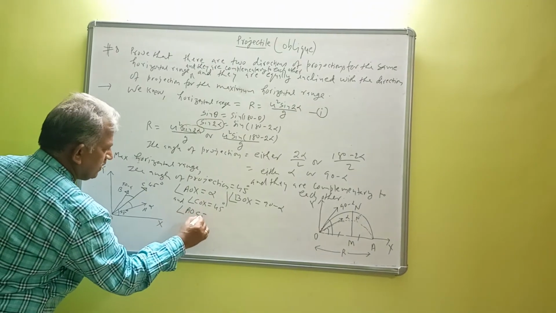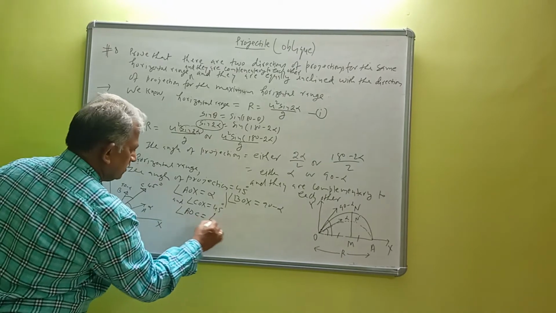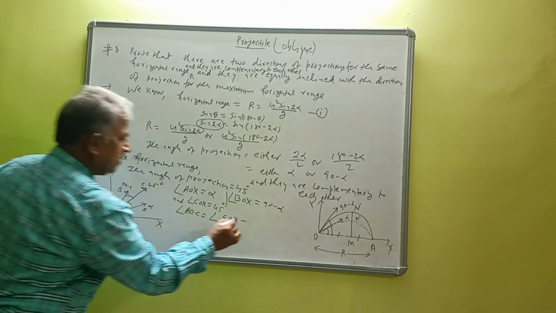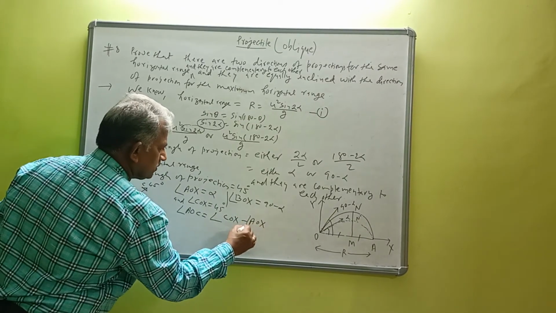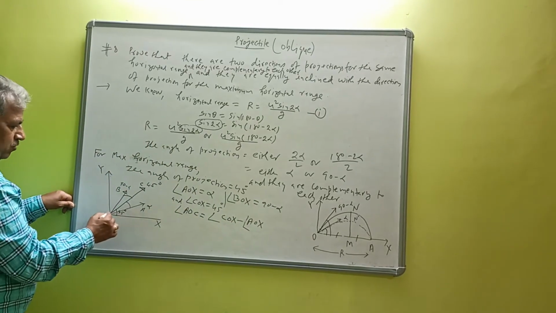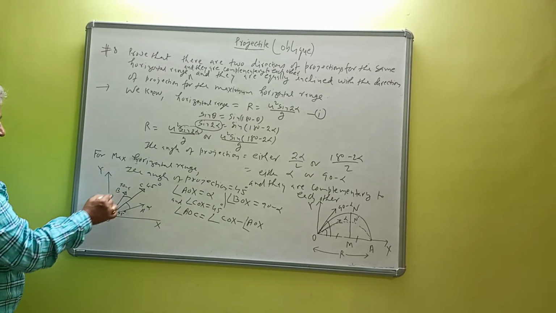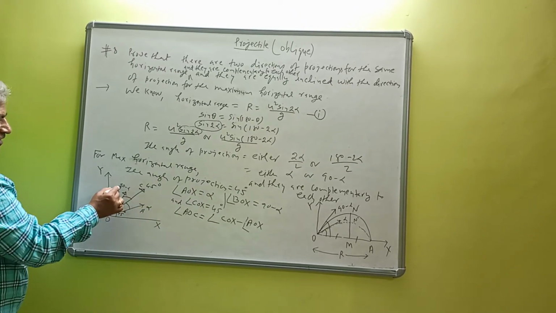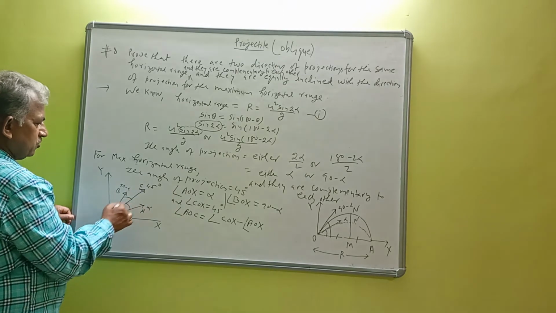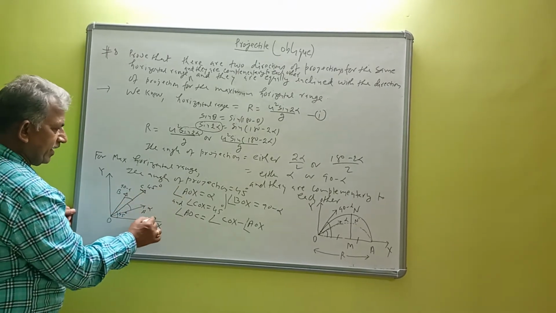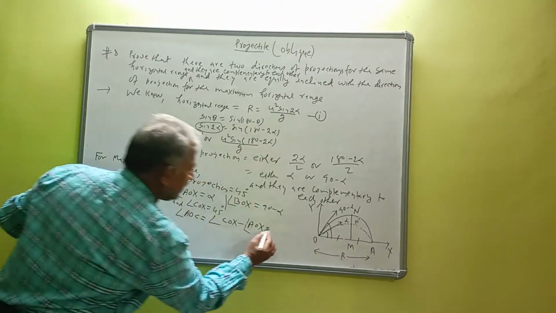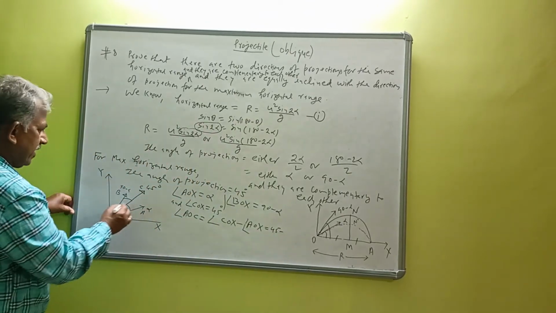Angle AOC is simply the difference COX minus AOX. Just see the diagram. Again I repeat: angle AOX is alpha, angle BOX is 90 minus alpha, and angle COX is 45 degrees. So angle AOC is equal to angle COX minus angle AOX, and COX is 45 degrees and AOX is alpha.